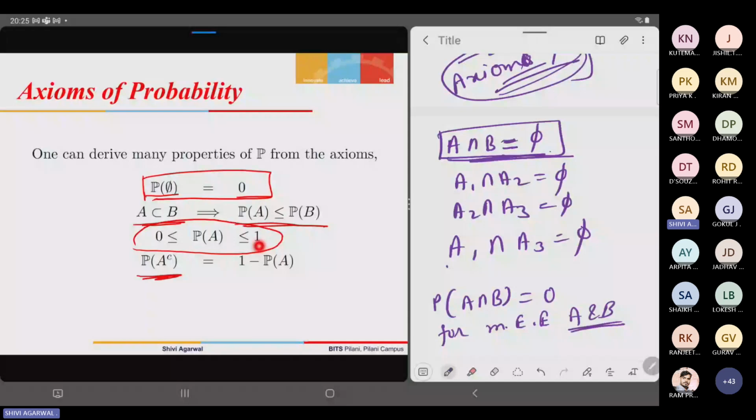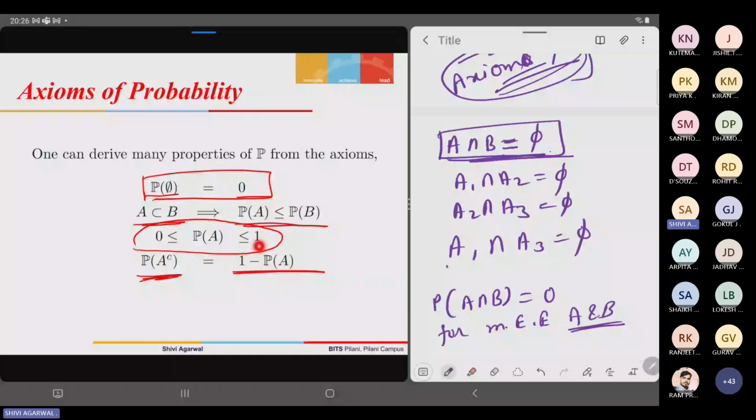A is a set, so A complement is also a set. The probability of A complement is equal to 1 minus the probability of A. These are the frequently used results which we can derive using the 3 axioms. We are not extending the axioms.